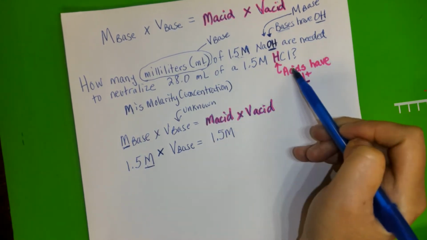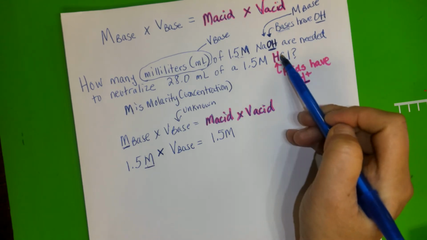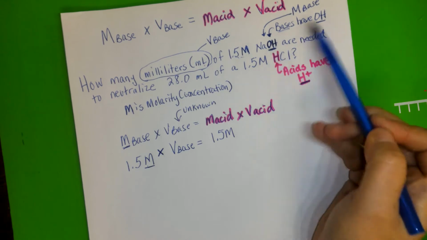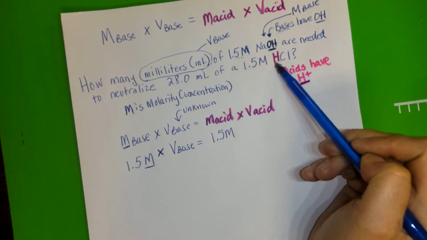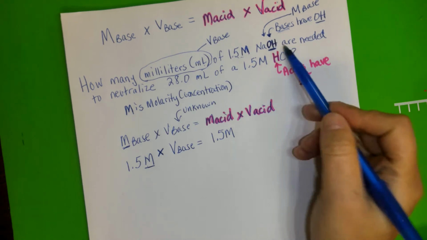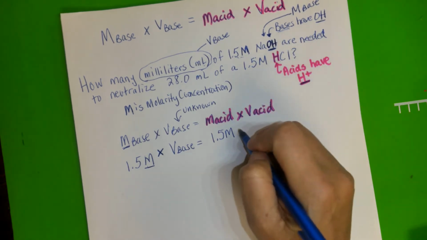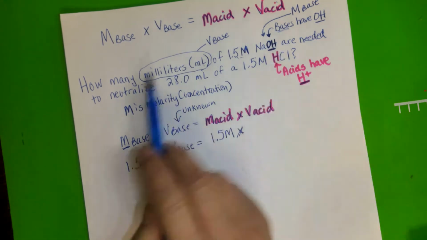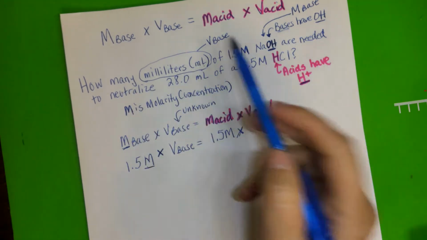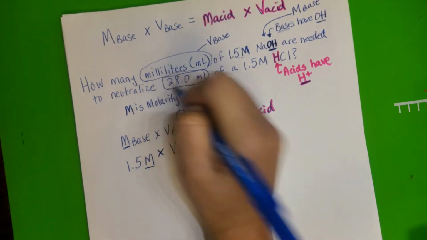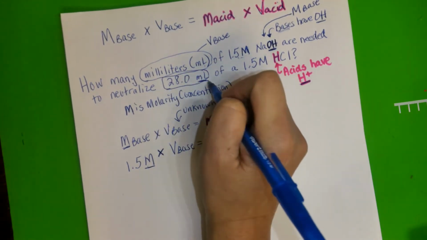Usually the hydrogen is in the front and the OHs are in the back, but as long as you find the hydrogen just by itself, then that's your acid. Or base. Here you're going to multiply by the volume. The volume will always be in milliliters.